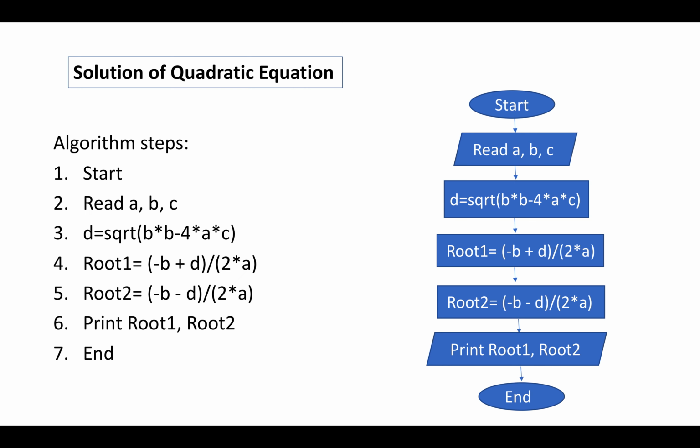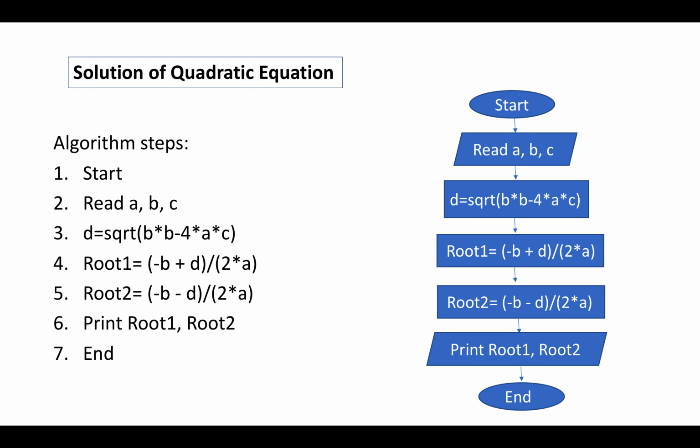Let us consider the simplest example of the solution of a quadratic equation. On the right hand side, the flowchart is made, and on the left hand side I have written this flowchart in terms of steps, which is known as an algorithm in computer language.